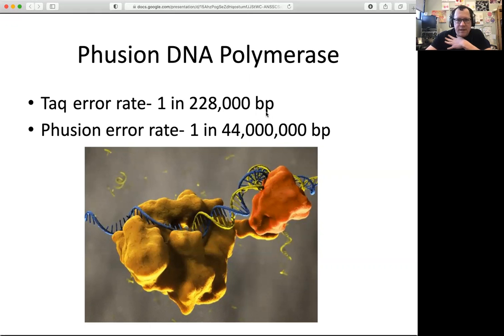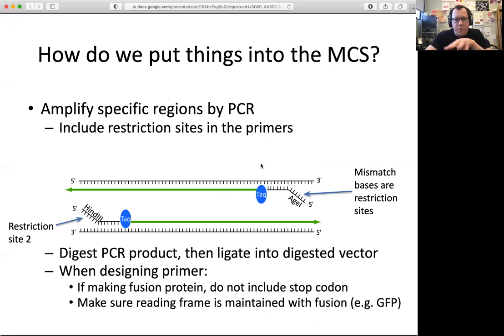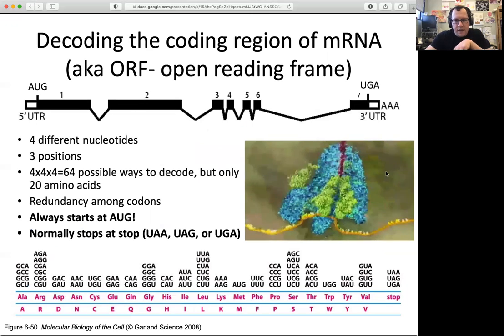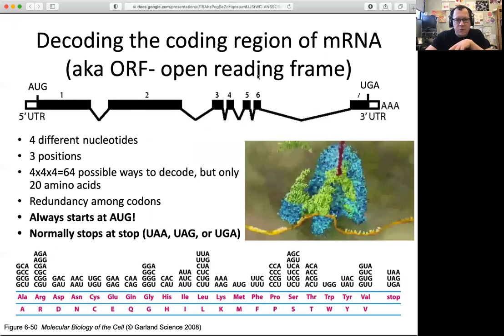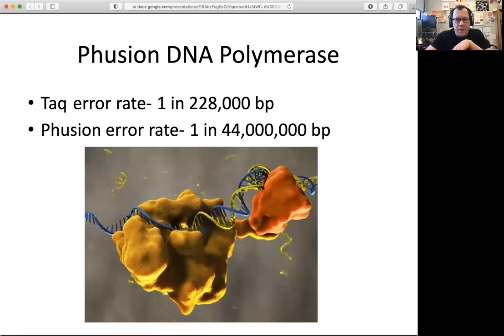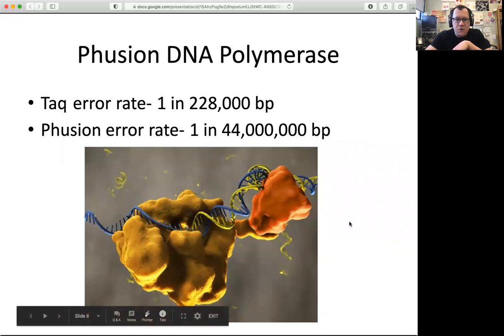And so you can see this is a much cleaner PCR product, right? It's not going to have incorporated many errors. That's really important if we want to copy a gene and express it as a protein. We want to make sure we don't incorporate any errors as we do that. Okay, and so that's why we're going to use Fusion here.